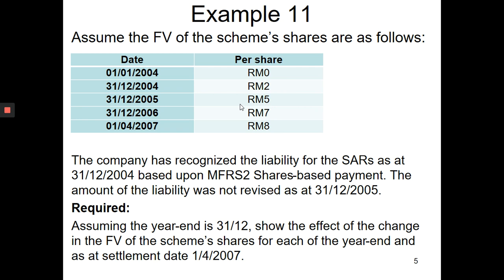The company has recognized the liability for the SARS as at 31st December based upon MFRS share-based payment. The amount of the liability was not revised as at 31st December 2005. Required, assuming the year end is 31st December each year, show the effect of the change in the fair value of the scheme share for each of the year.